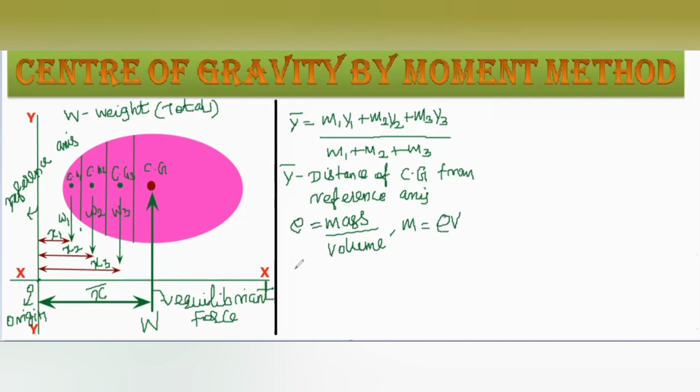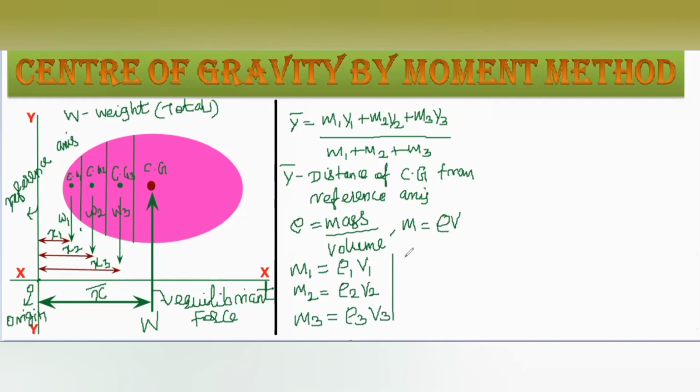Same way we can write m1 equals rho1 v1, m2 equals rho2 v2, m3 equals rho3 v3.